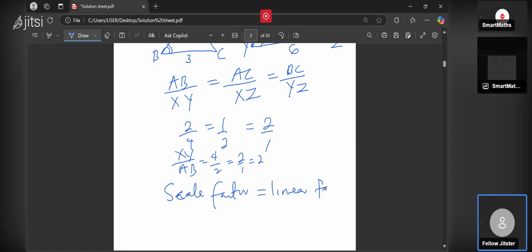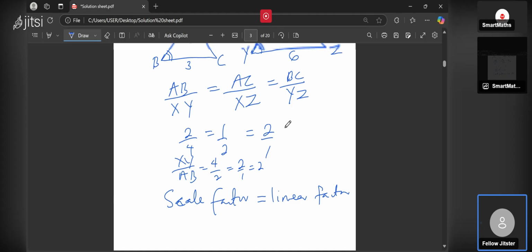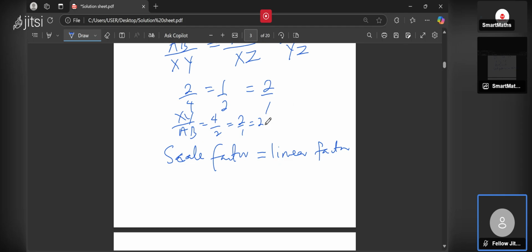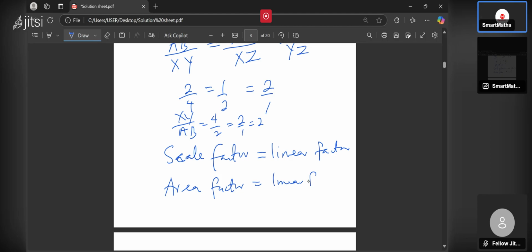Linear in the sense that we are using the size to determine the factor of enlargement. So to get area factor, area factor is equal to linear factor squared. Linear factor, everything raised to power 2.